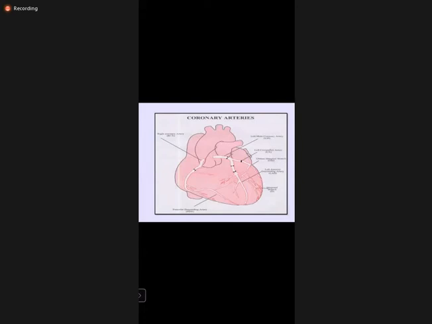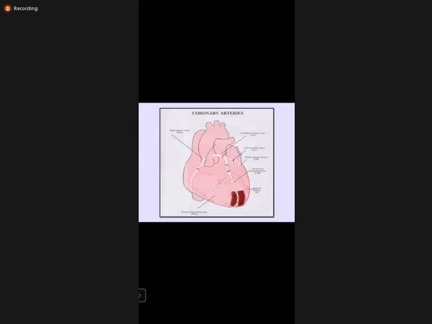In this picture, you can see there are multiple blockages in the coronary arteries, including the right coronary and the left main coronary artery, as well as the LAD and left circumflex coronary artery. Due to the blockage in the left anterior descending artery, you can see in this picture an apical infarct.